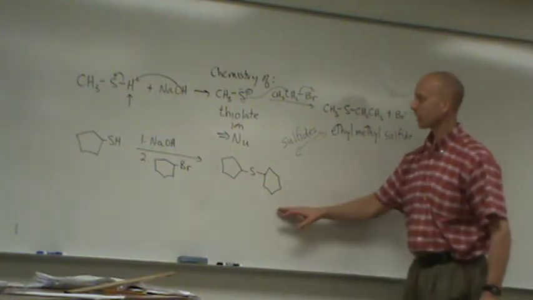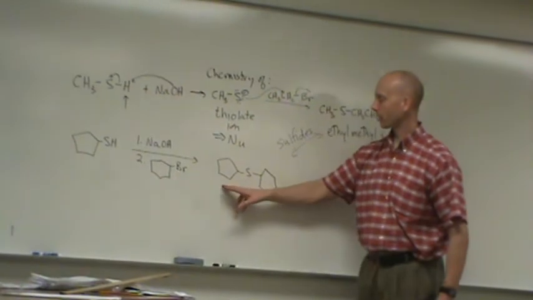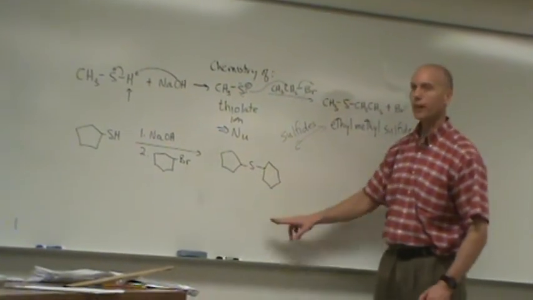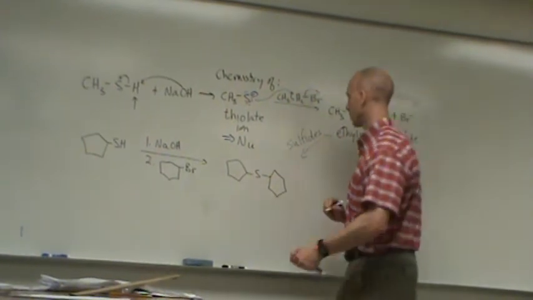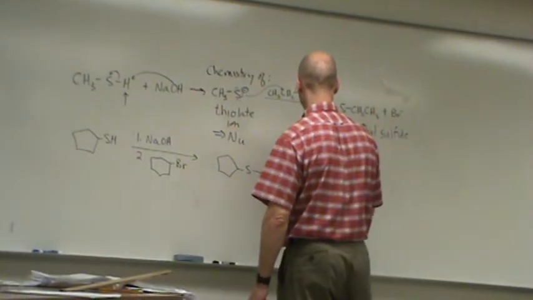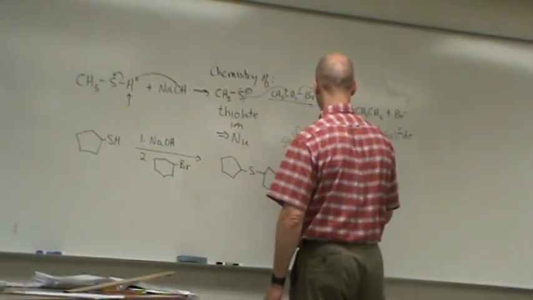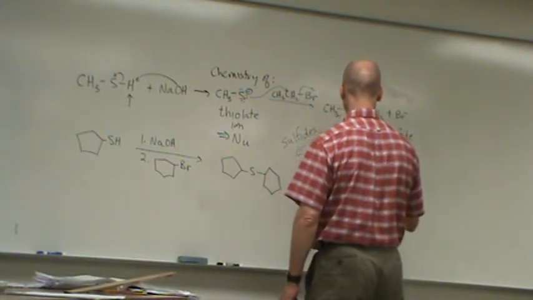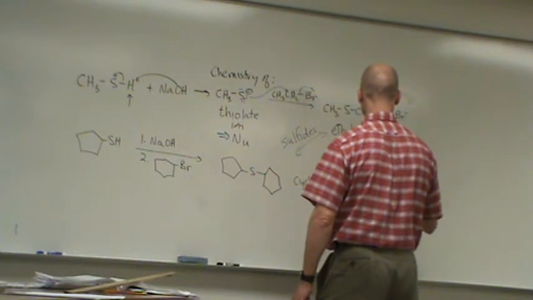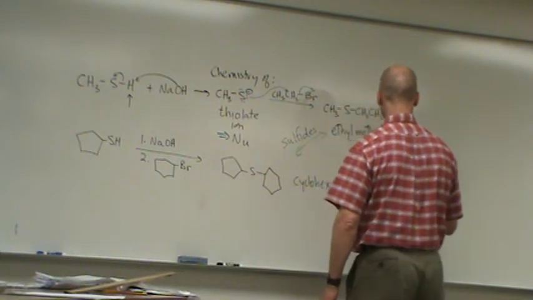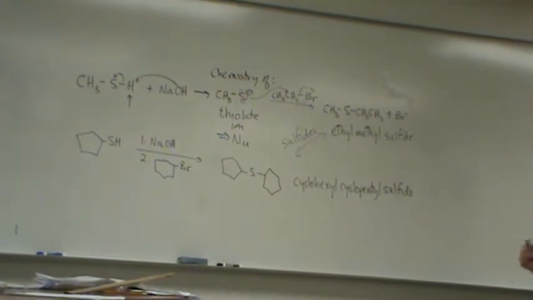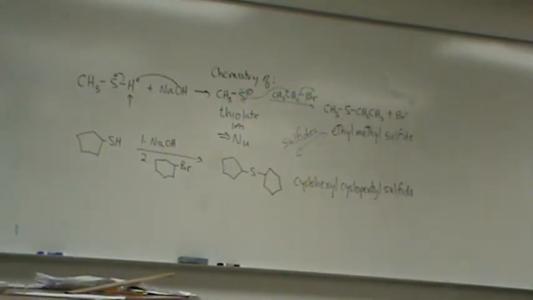And we'll see ethers are very easy to name as well when we get to them. This down here, what could we maybe call that? Well, you got a cyclopentyl and a cyclohexyl, and then end it with sulfide.